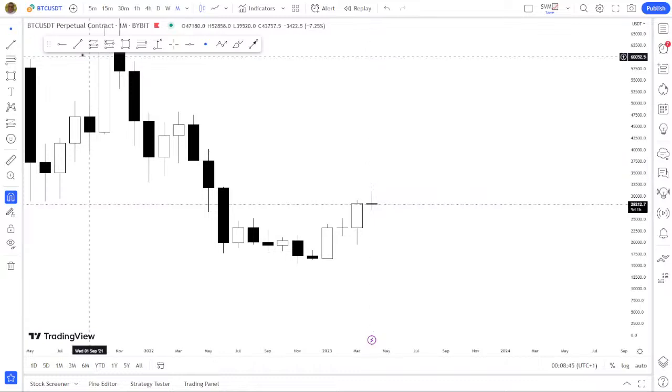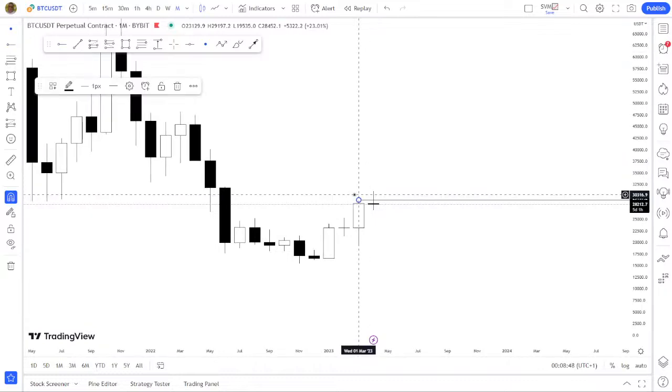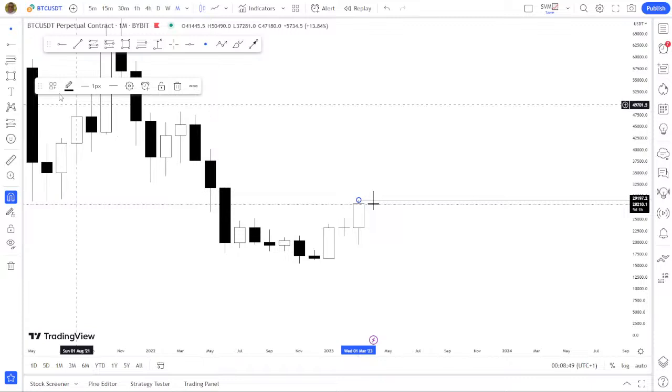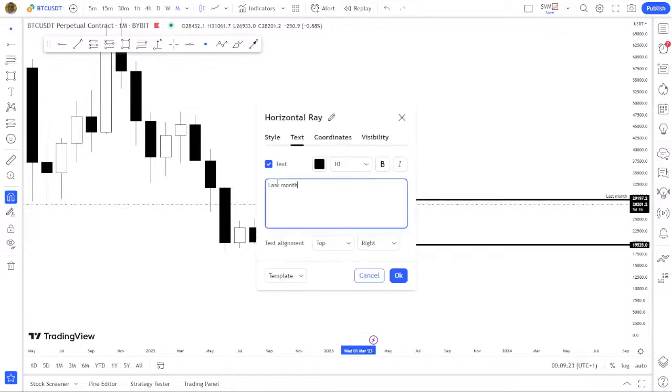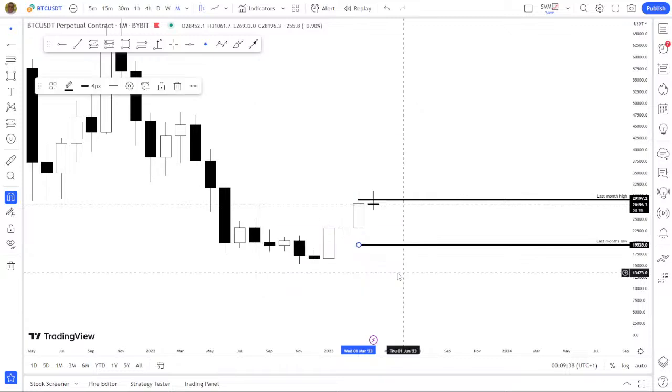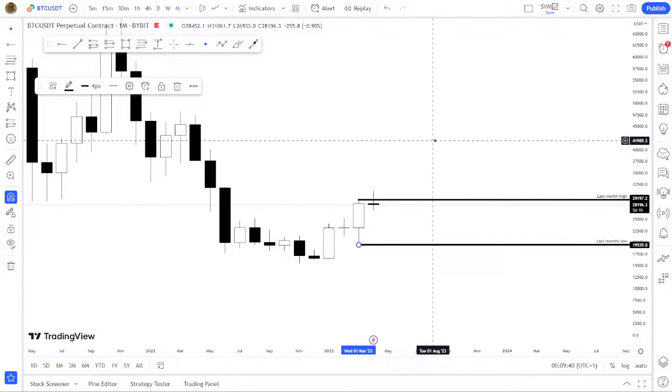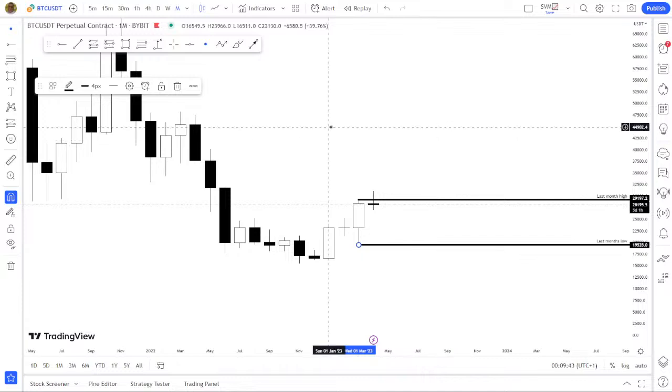That is plotting out last month's high, last month's low. Yeah, it's last month, that is the March candle. I always mark the highs and lows of either the monthly or the weekly, because I always trade around these areas. Another thing to pick out is the mid area of last month.